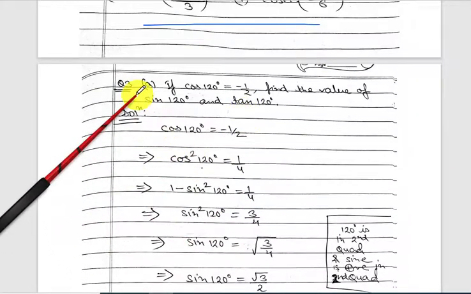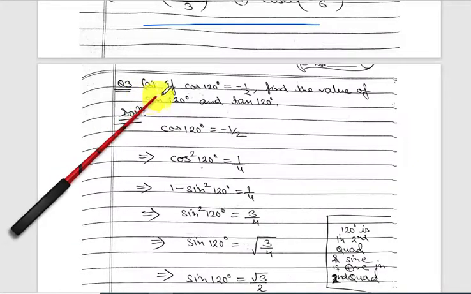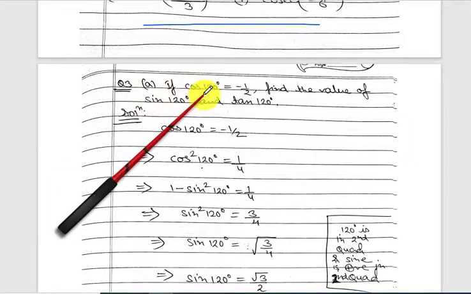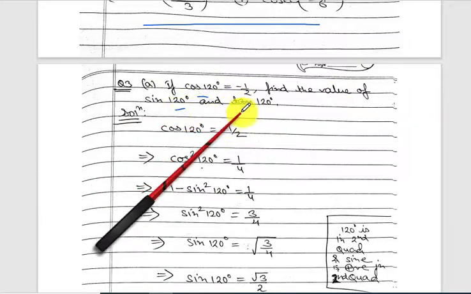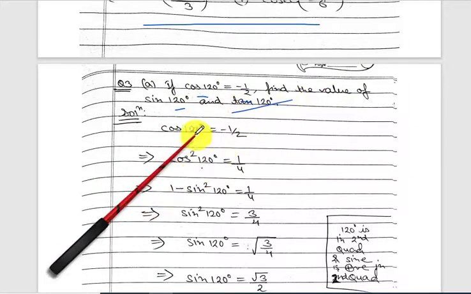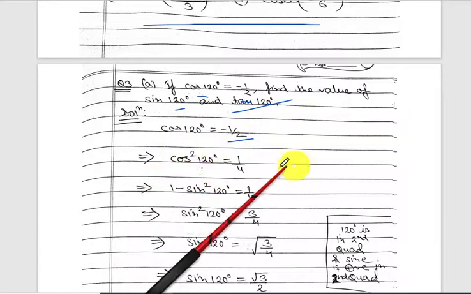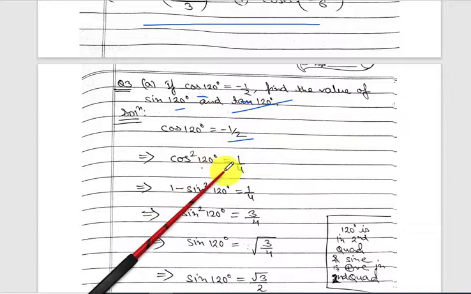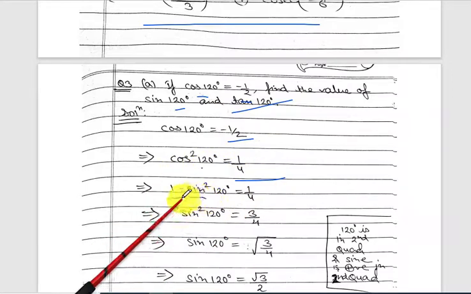Next is question number 3a. If cos 120 is minus half, find the value of sin 120 and tan 120. So cos 120 is equal to minus half. Squaring both sides, you get cos square 120 equal to 1 by 4. Then cos square 120 can be written as 1 minus sin square 120 equal to 1 by 4. Then you get sin square 120 equal to 3 by 4.